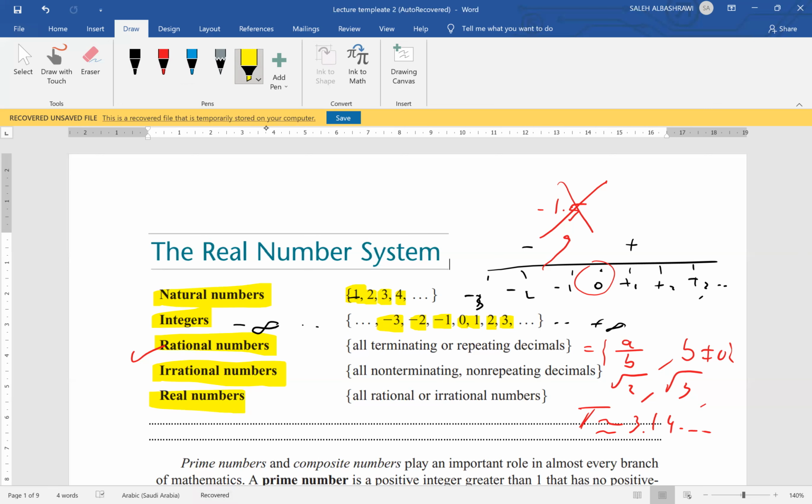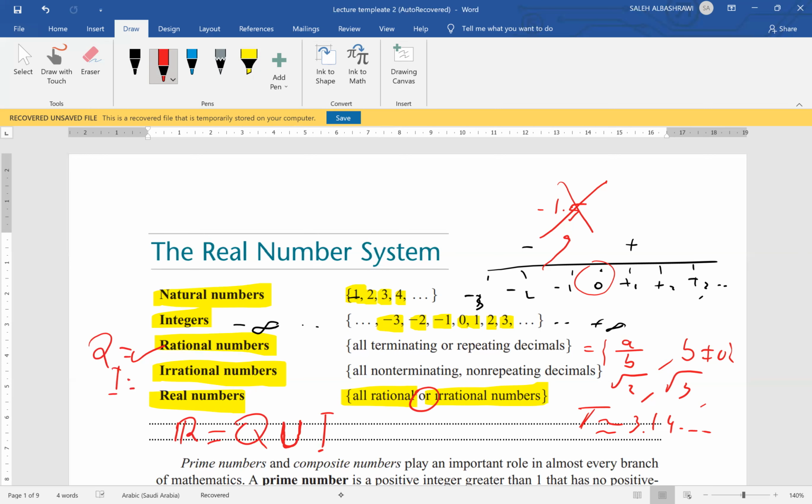The real numbers are all rational or irrational numbers. So it contains all these sets: natural, integer, rational, and irrational. Or we can simply say that R, the notation for the real numbers, is equal to the rational, which is Q, the notation for rational numbers, union, meaning or, the I, irrational numbers.